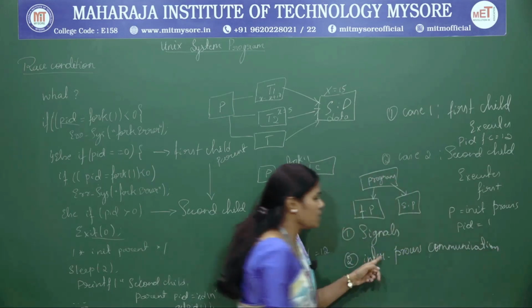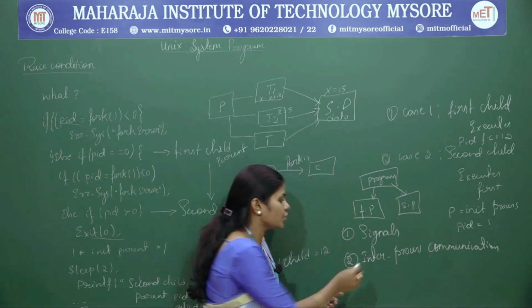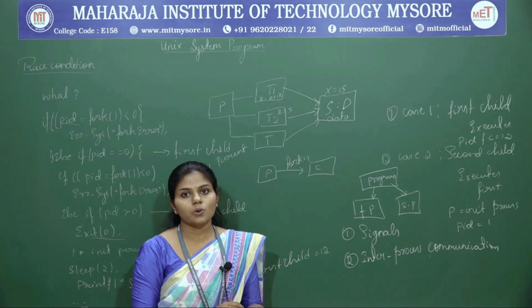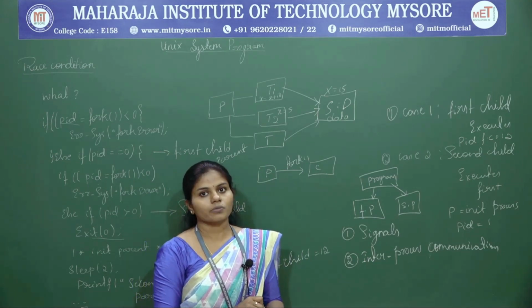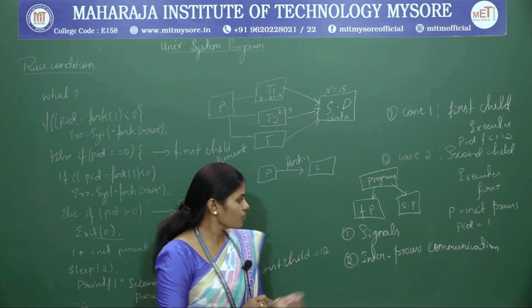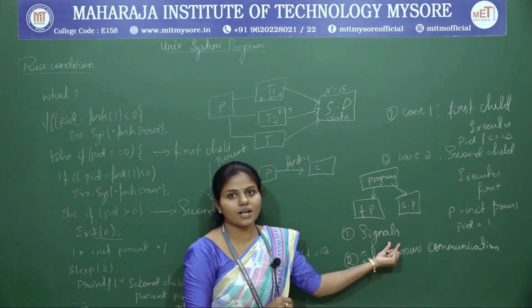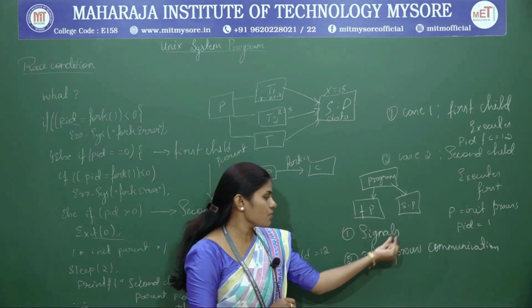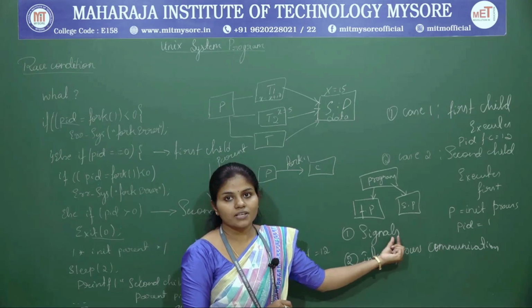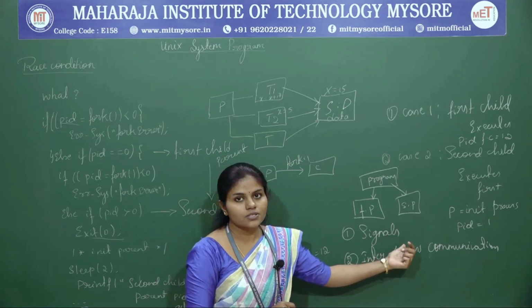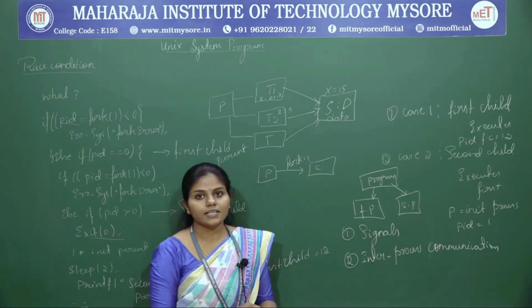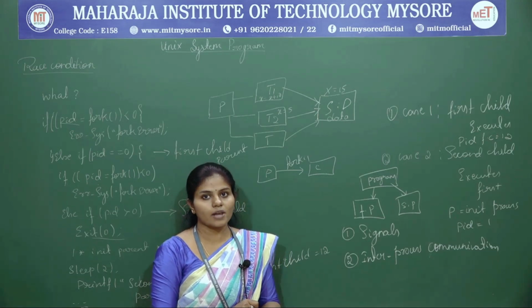By using signals or inter-process communication, we are going to solve the race condition problem. How are we going to solve it? In this topic we are going to explain the first case, that is, using signals. Now what are signals? We are going to study them one by one.